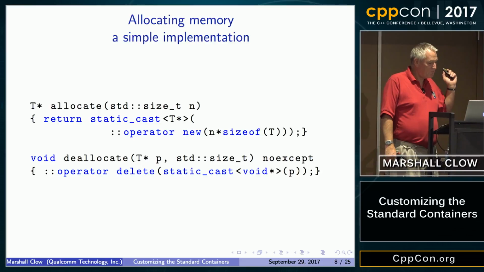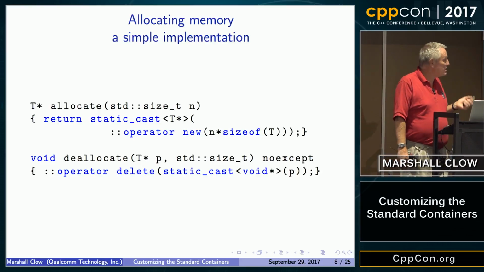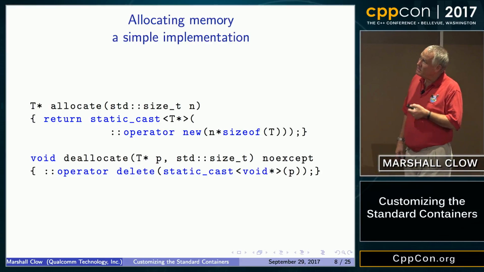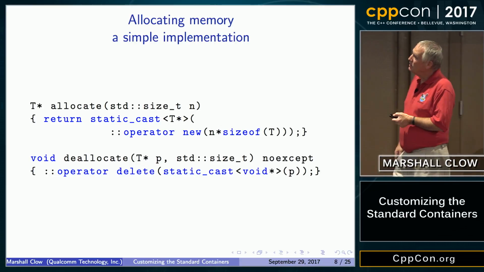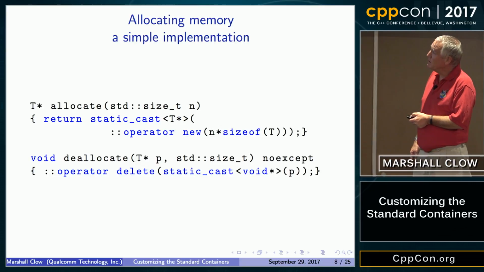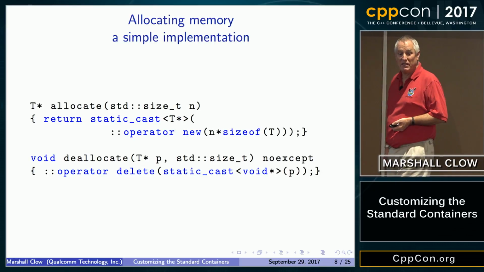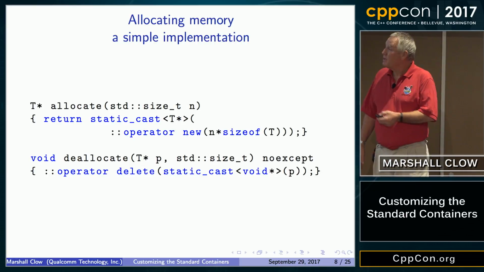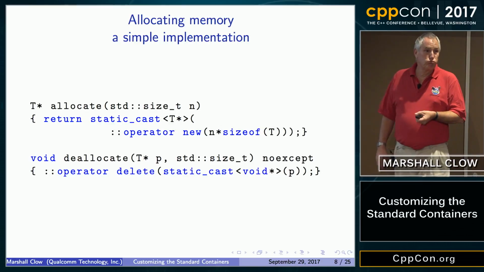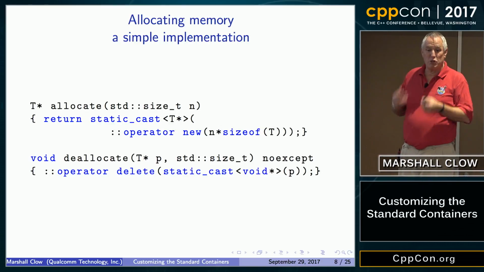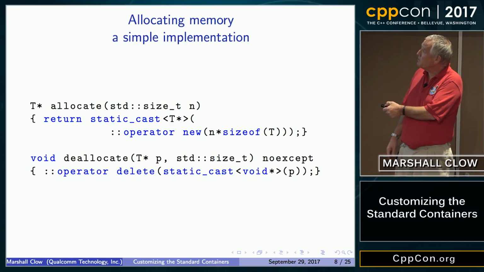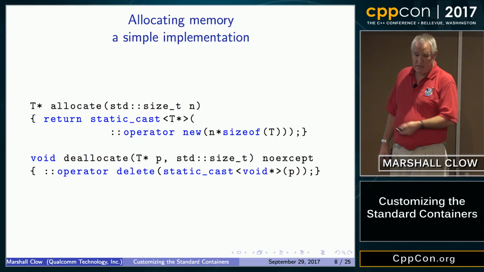Anyway, one of the things you can depend on is that your deallocate function only gets handed pointers that came out of your allocate function. You don't have to handle other people's allocations, or just some arbitrary pointer. It has to be a pointer that came out of your allocate function.